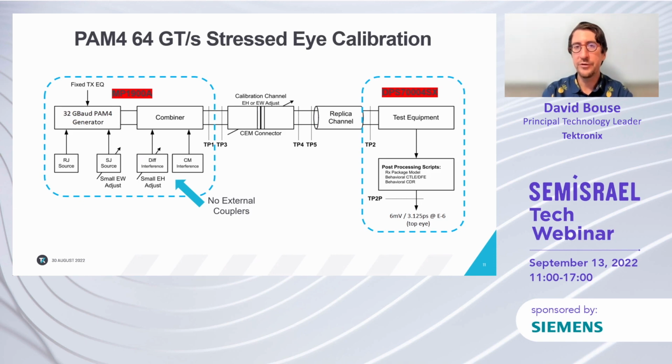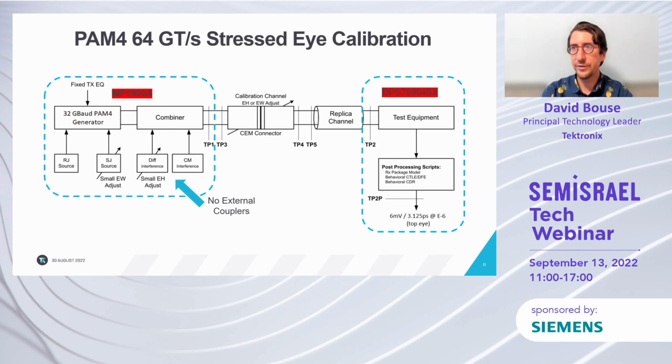And then ultimately our target is we need to calibrate the stress eye signal to 6 millivolts and 3.125 picoseconds. There's some tolerance in the spec for that. And that's at a BER of E to the minus 6, since we are considering FEC now for this speed, and that will be the top eye.